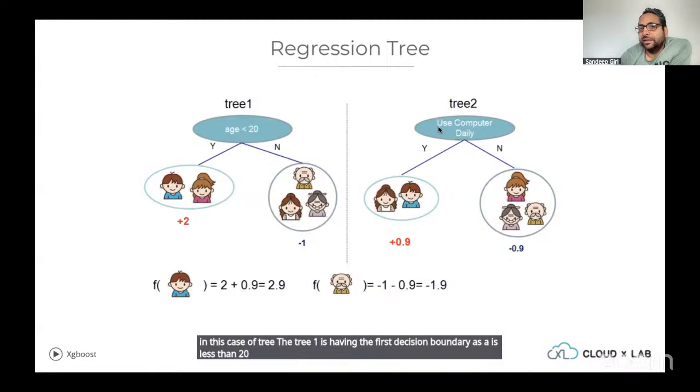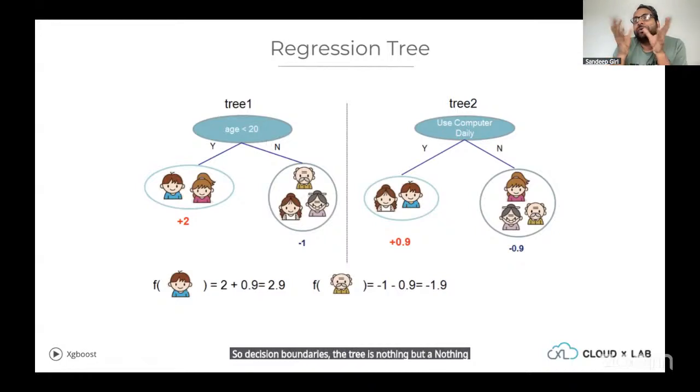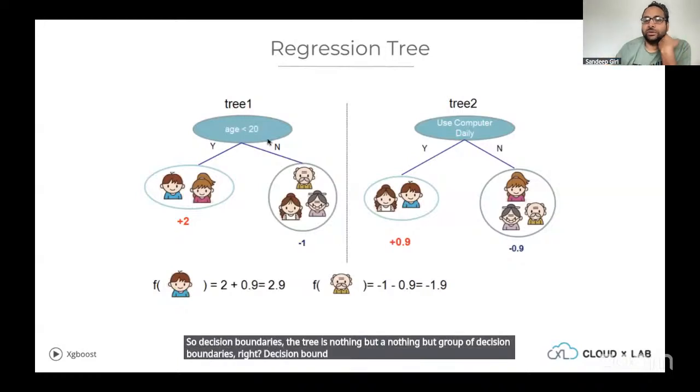This one has "use computers daily, yes or no." That's the decision boundary. The tree is nothing but a group of decision boundaries, decision boundaries within decision boundaries and so on. You can also call it a split.